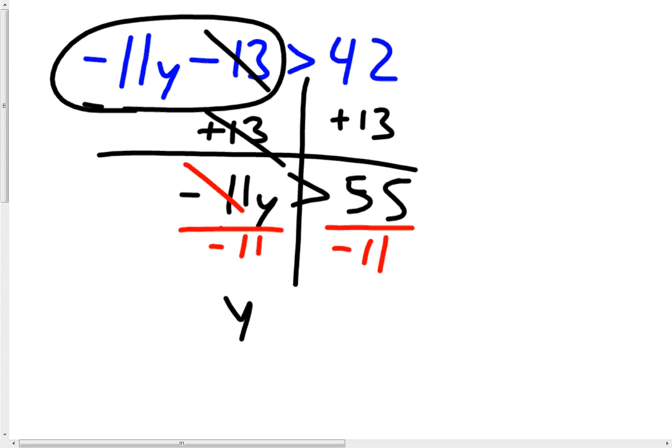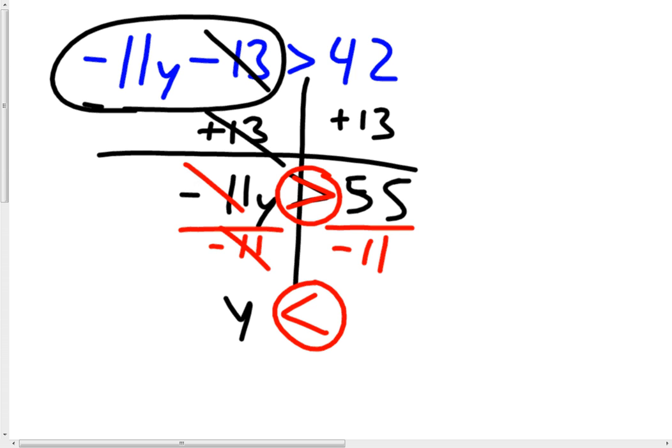This goes away. What's our one extra rule when we're doing inequalities? What happens when you divide or multiply by a negative? Circle this. Circle this. What happened? Switches direction. Instead of pointing this way, now it's pointing this way because you divided by a negative.